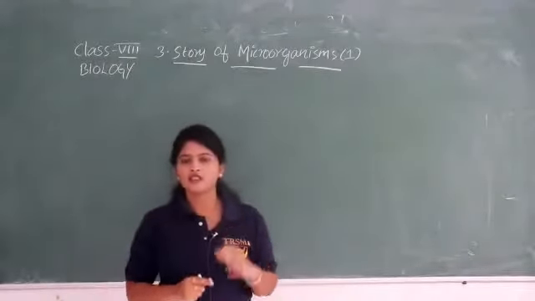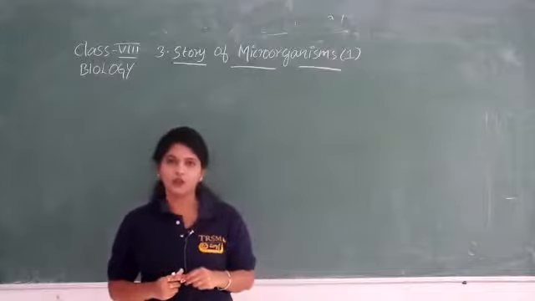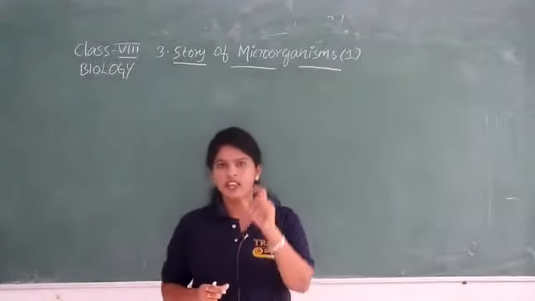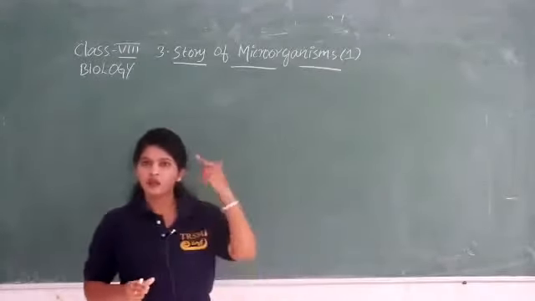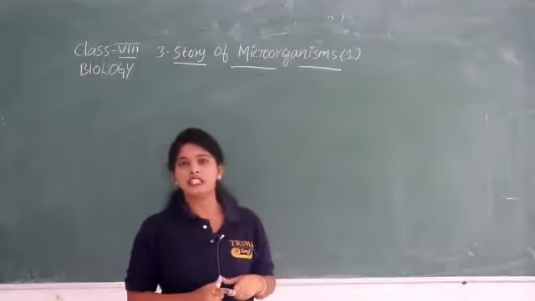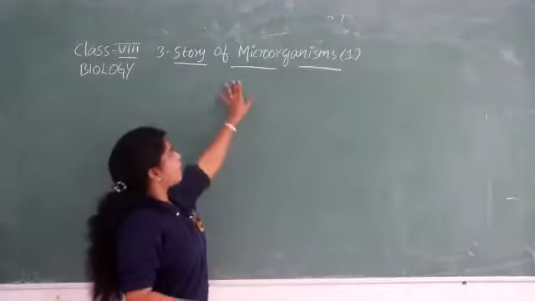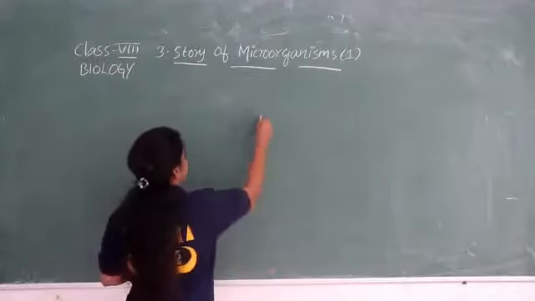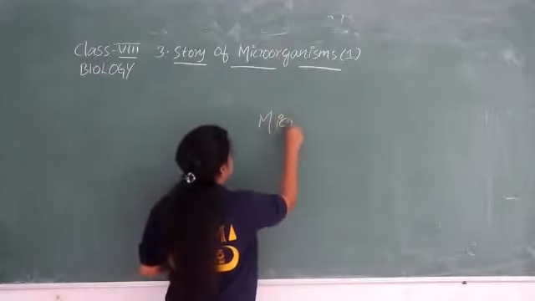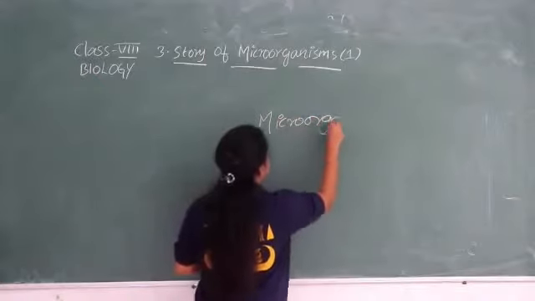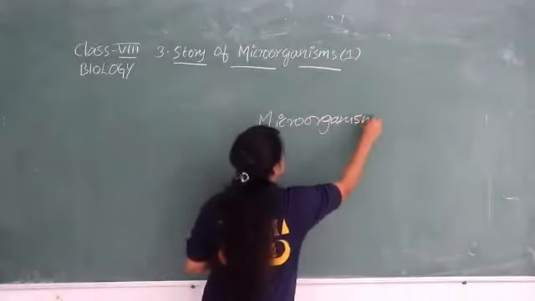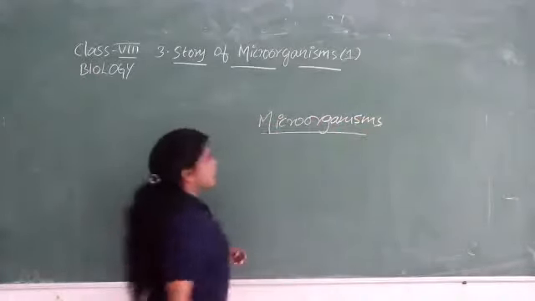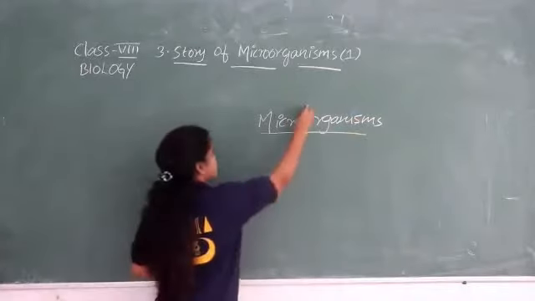First of all, the basic question that we will get in our mind is, what are microorganisms? I'll give you the definition. I'll make it two parts of this word.